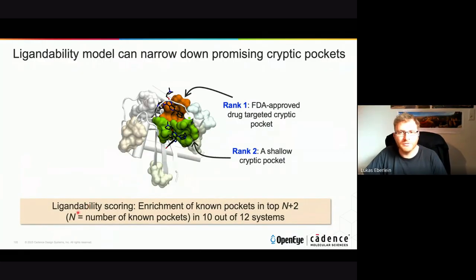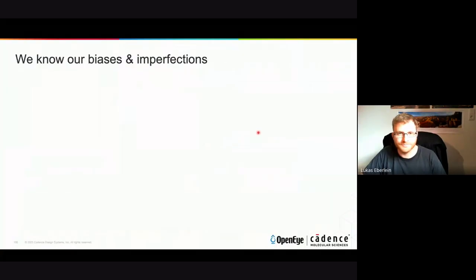If we go back to the KRAS system, and if you remember, the GRASP model was only able to identify the GDP binding site, then we see that our ligandability model ranks the FDA-approved drug binding site, the switch 2 pocket, on top, followed by the more shallow switch 1,2 binding site.